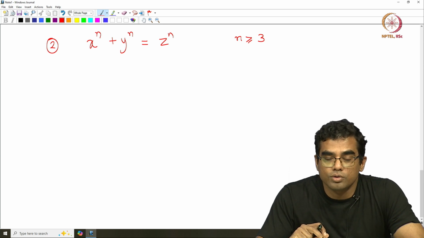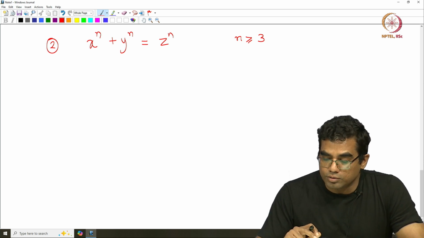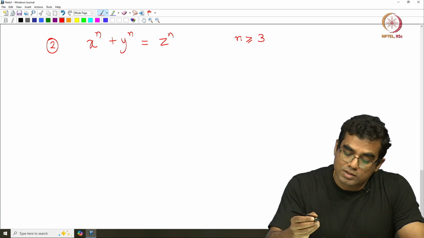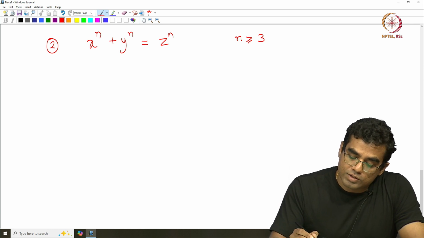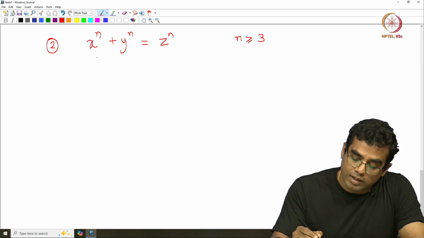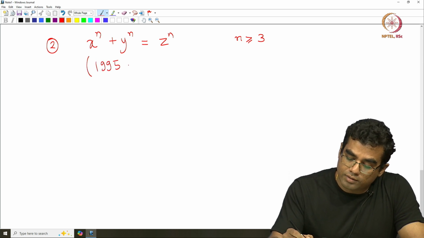So, this has no solution in which x times y times z is not 0. Okay. But of course, we do not know if he really had a proof or not, and this was proven by Wiles in 1995, more than 300 years after Fermat asserted this.